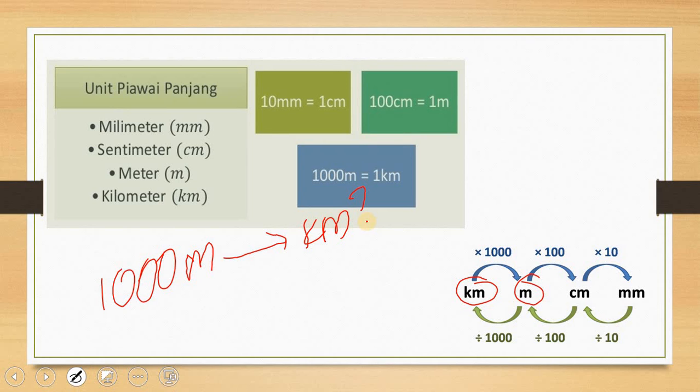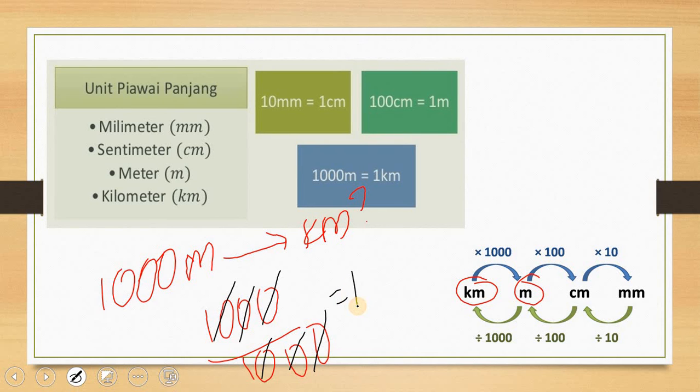Okay, so Ali ni sudah berjalan sebanyak 1000 meter. Berapa kilometer dia sudah jalan? Jadi you only have to divide by 1000. Okay, so 1000 bahagi dengan 1000 berapa? 1000 bahagi dengan 1000. Okay, you only have to buang kosong ni. Then you're going to get 1. So, dapatlah 1 kilometer. So, this is your answer.